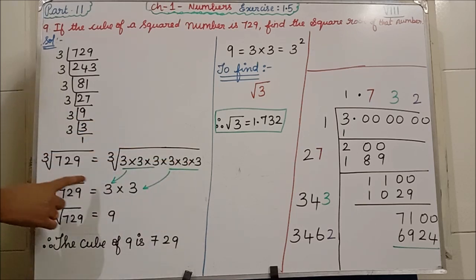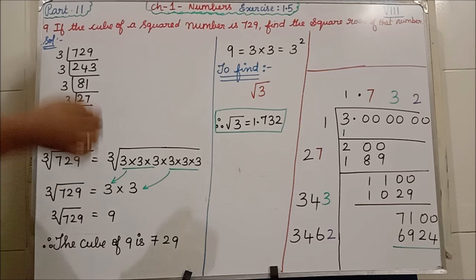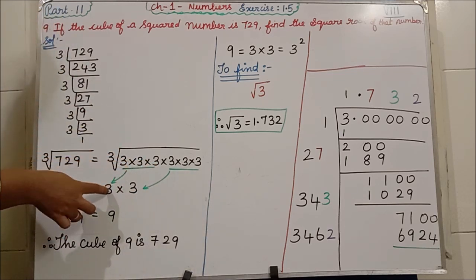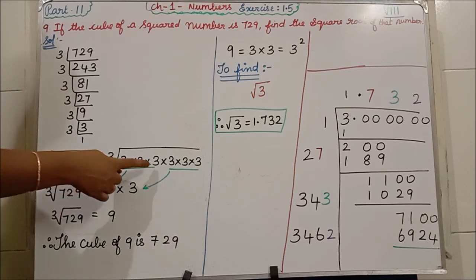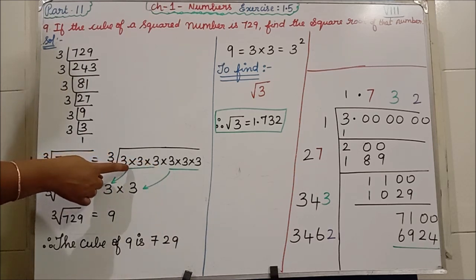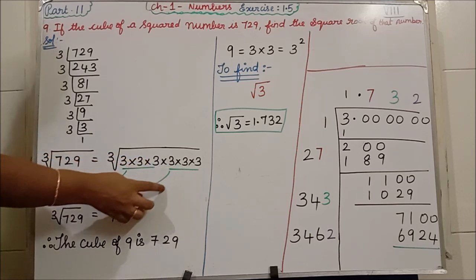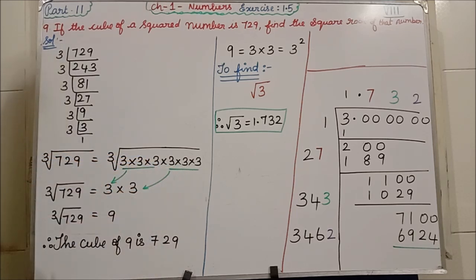Now the cube root of 729 is equal to, cube root means we have to group 3 numbers, and from that you have to take one number. See here 3 is there, from that I have taken 1 three. Similarly here 3 is there, from that I have taken 1 three. Therefore the cube root of 729, 3 threes are what? 9.